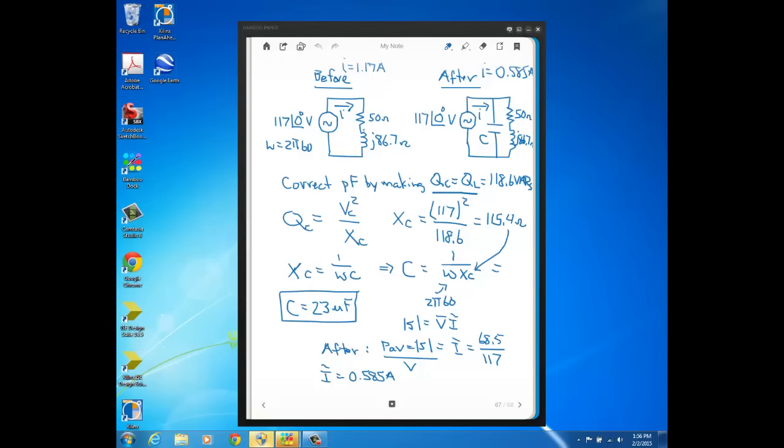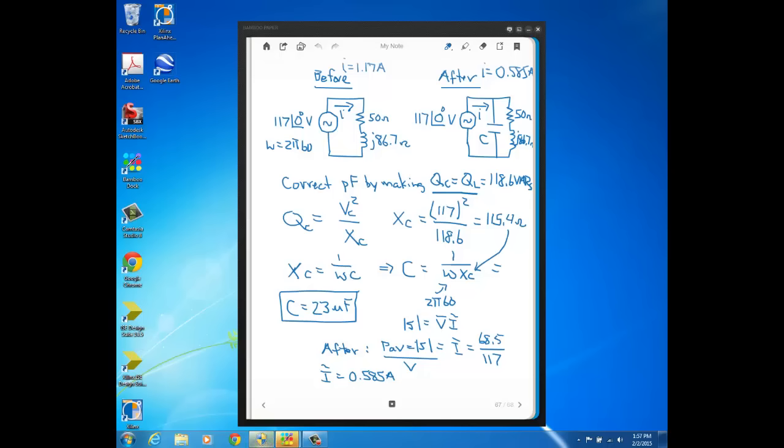So if you look here, before the power factor is corrected, there's 1.17 amps flowing through the motor, and that comes from the 117 volts divided by this impedance 50 plus j86.7, as we did in the previous video. Well, look, after the power factor is corrected, you're still going to have the same amount of current through the motor, because it still has 117 volts across it, and the impedance of the motor hasn't changed.